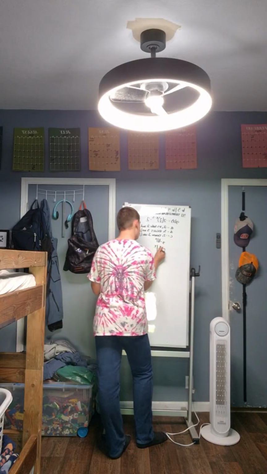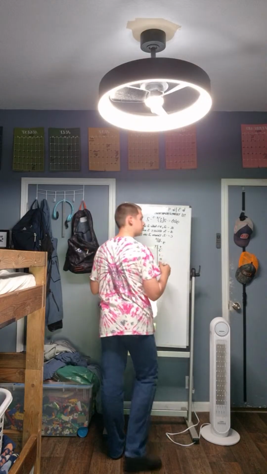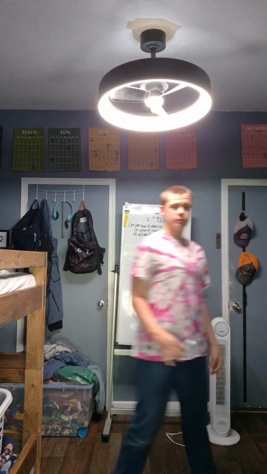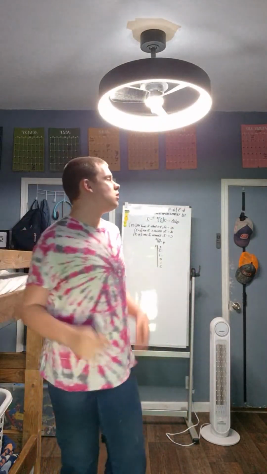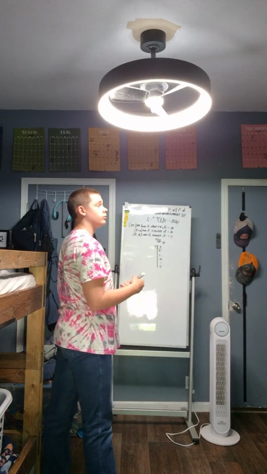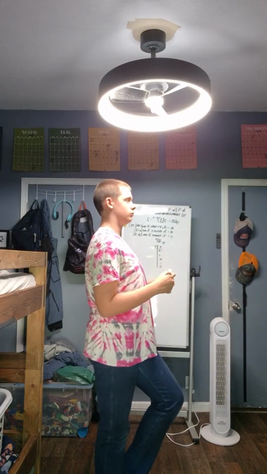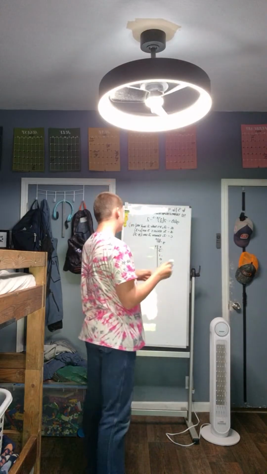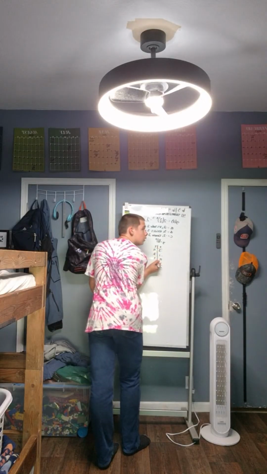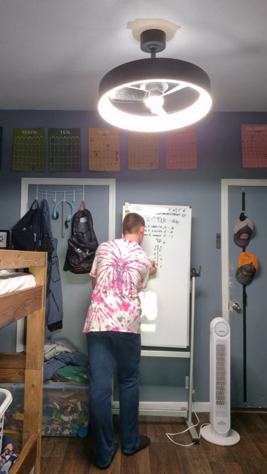I have negative 2, negative 1, 0, 1, 2. What do you think y's are going to be? So it'll be 4, 2, 1, a half, 0.25.